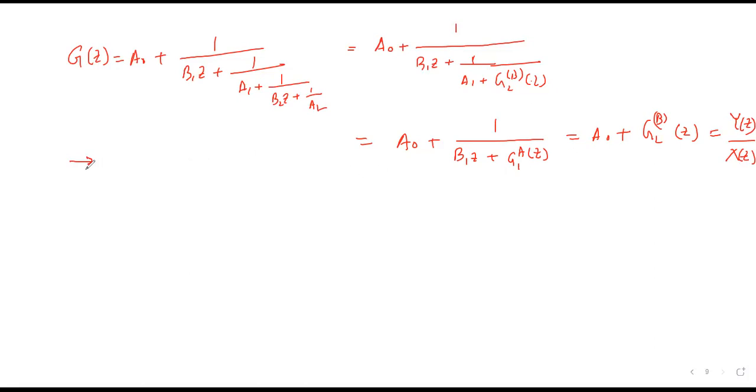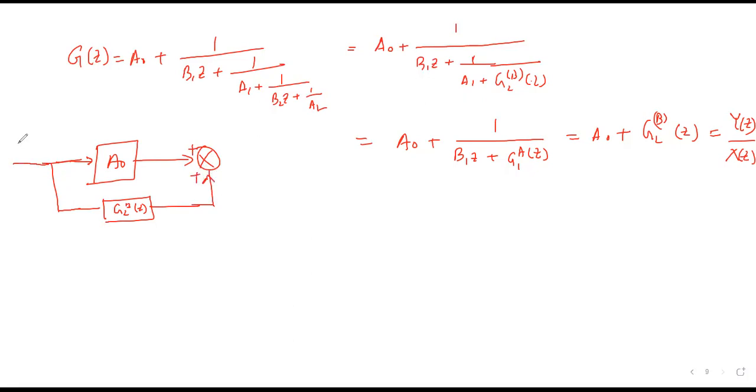So two signals will be going. One is directly going to A0, no question about it. And the other one is going to the block G2BZ. Okay, so those two are going to a summing junction here, and they are additive in nature, so both will be added together. This is your input XZ, and this is your output YZ.